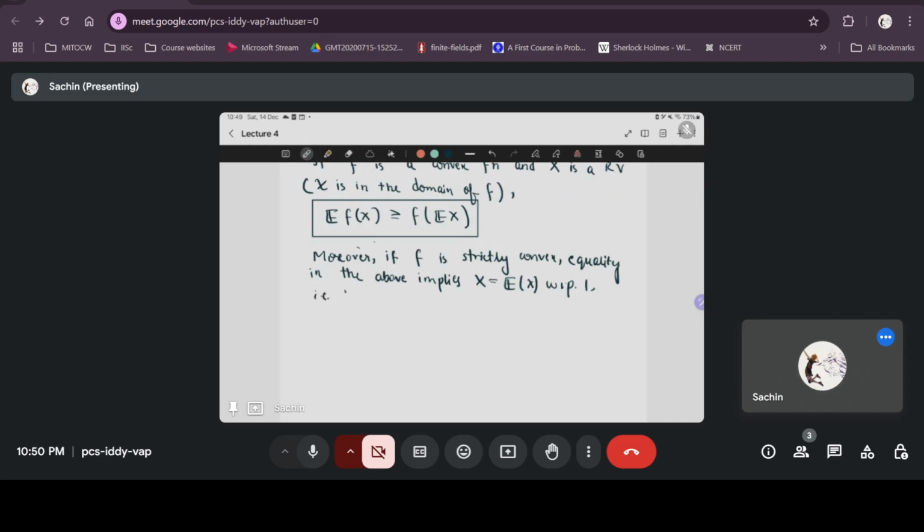That is, x is a constant. Okay, that is Jensen's inequality.